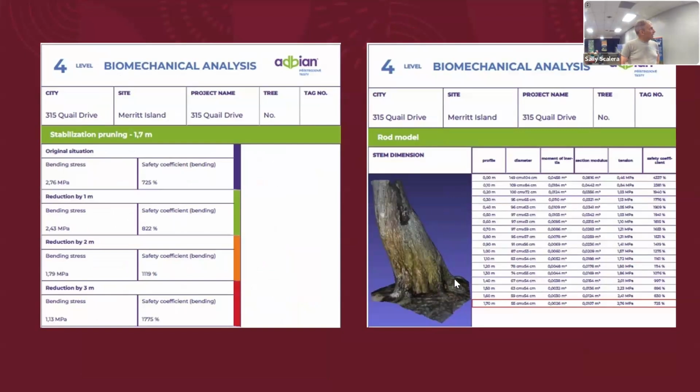What this modeling does is it takes this 3D scan, it works out how all this perimeter wood that the sonic tomography hasn't got, it lays it over the top and it adds back in that material that the scan hasn't seen, because the scan is taken in these areas here to get a good shot, but it hasn't taken into account that extra biomass outside of the scanning point. So this AI can actually do that. So it gives us a much more efficient reading from the sonic tomography.